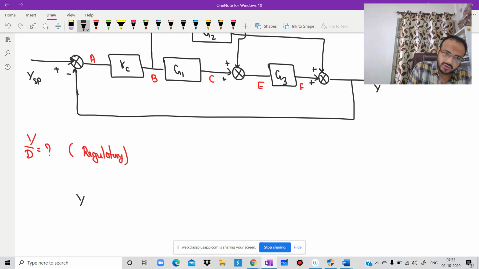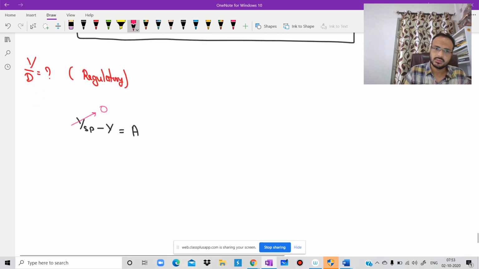Y set point minus y is equal to a, but in this case, this is equal to 0.